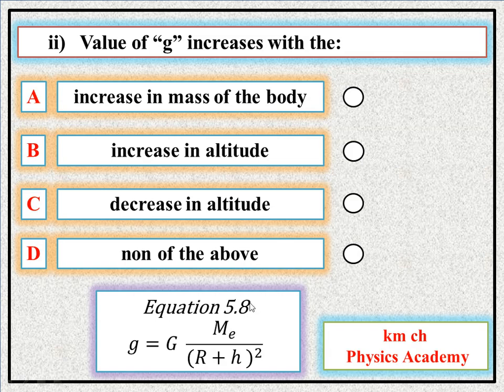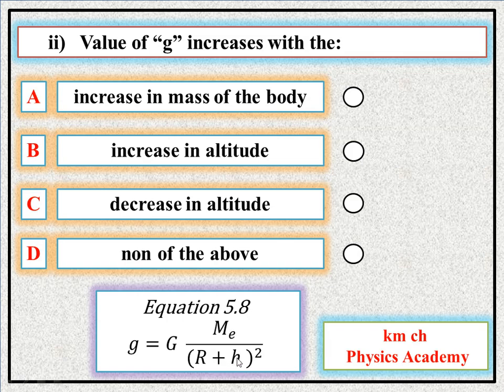So equation number 5.8 in our book is g at height h above the surface of the earth is equal to G M e over (r plus h) whole square. Here h is height above the surface of the earth, that is, it is altitude.